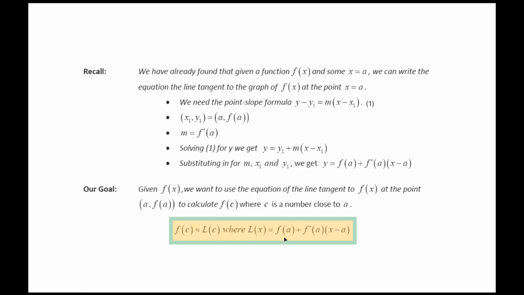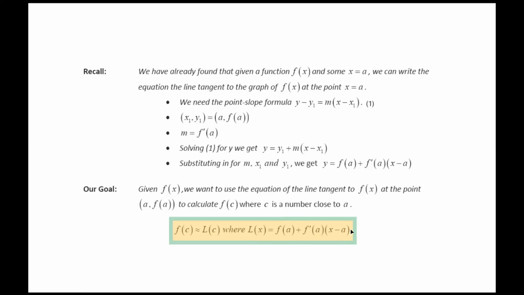We're going to use it, but you really can get by without it if you can get to this step up here, substitute in and solve for y. That's a lot less memory work. So it is up to you if you want to use this special formula for writing the equation of the line tangent to the graph. Many textbooks have it, so we're going to go along with it in this lesson.